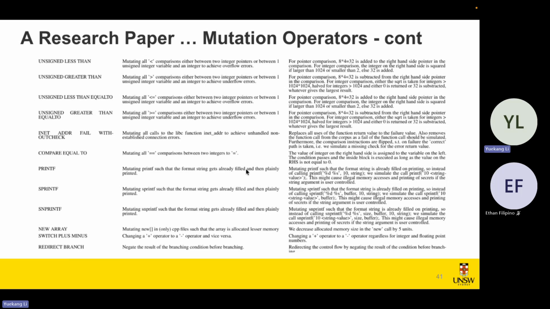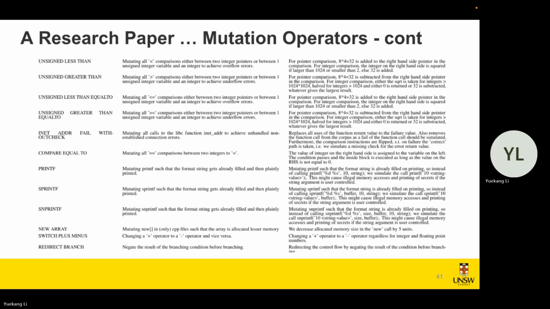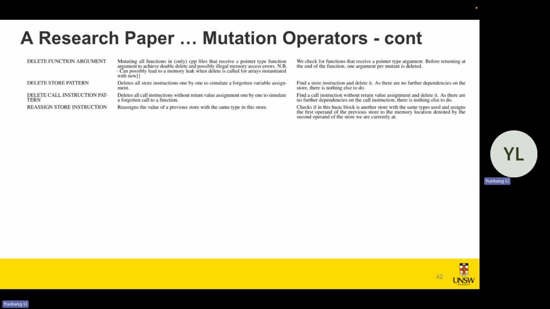This is some kind of typo developers could make, or new developers may make these types of errors. You don't need to remember all of them, of course. This is just a reference to give you a feeling of how we can design these mutation operators. And it's actually very similar to what we have documented in our slides.